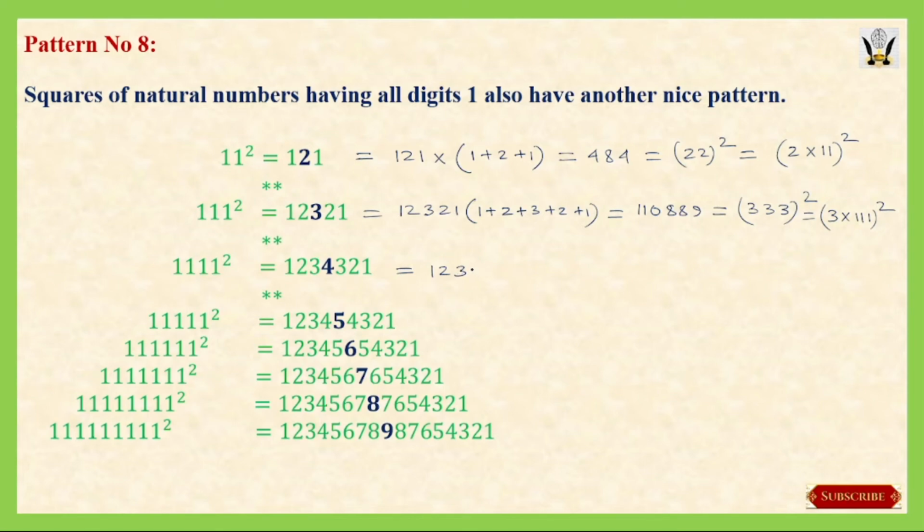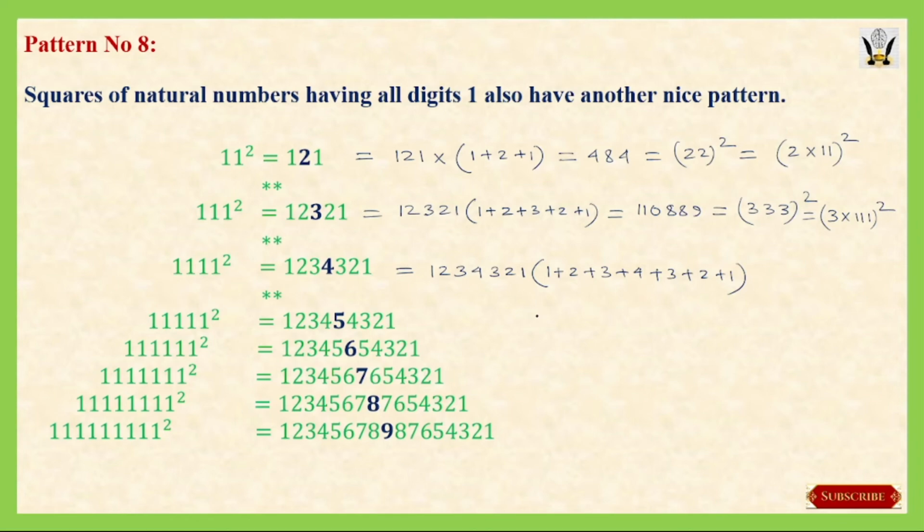1 2 3, then 4, then 3 2 1, and with that we will do the same thing. We will add all the digits: 1 plus 2 plus 3 plus 4 plus 3 plus 2 plus 1. What is the summation of all these digits? It is 3 plus 3 is 6, plus 4 is 10, 13, 15, 16.